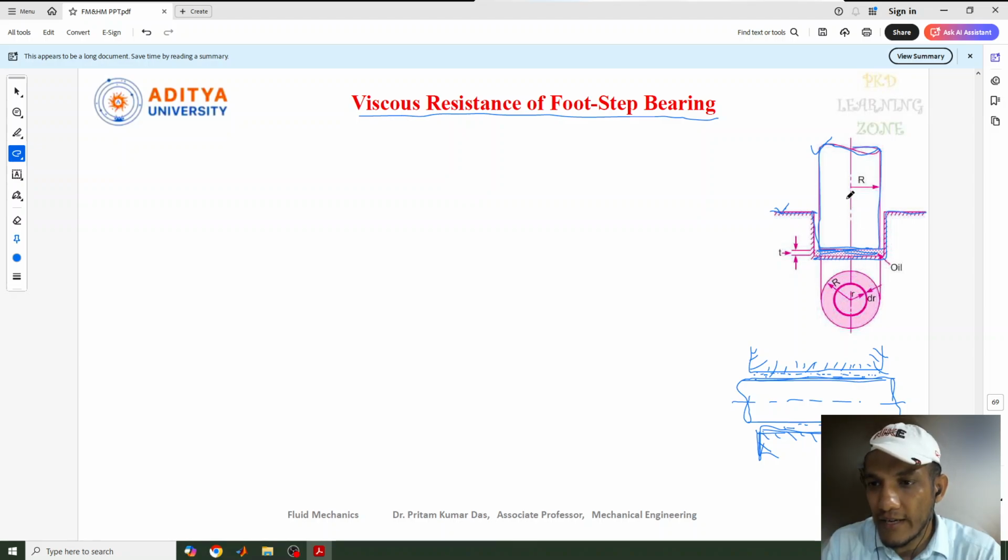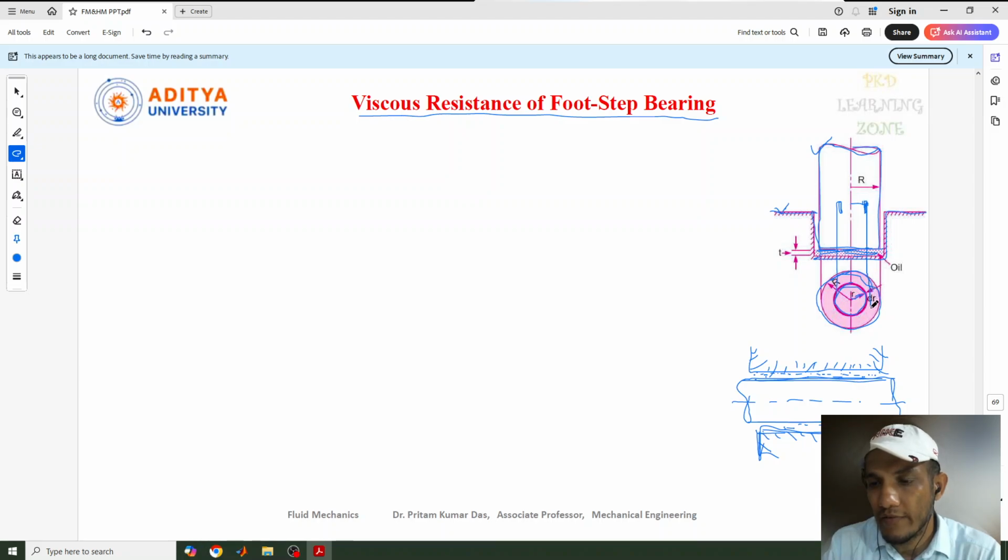Which elemental ring am I talking about? Suppose this is the diameter of the shaft and a small elemental strip, a small area, in between. So the small elemental strip we considered here is located at a radius of r, and the thickness of that is dr. I'm showing this just for this diameter, this length.